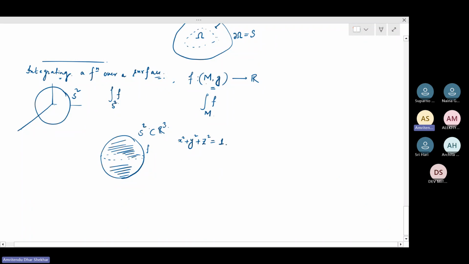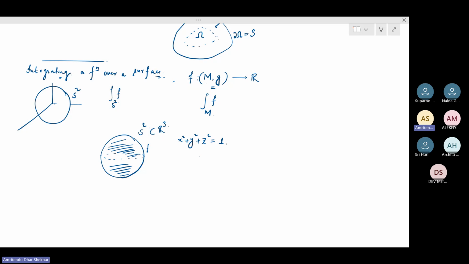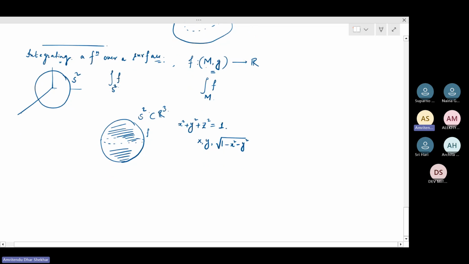If you divide the sphere into the upper hemisphere and the lower hemisphere, then you get two parts where one part is given by x, y, square root of 1 minus x squared minus y squared. This is the upper hemisphere of the sphere. Let's call this S plus, and let's call this S minus.